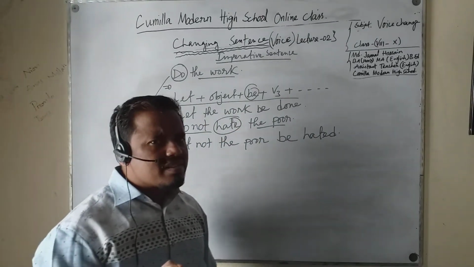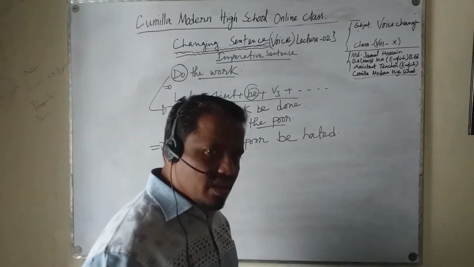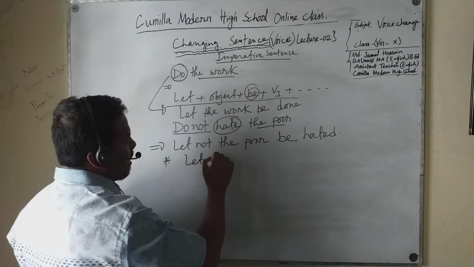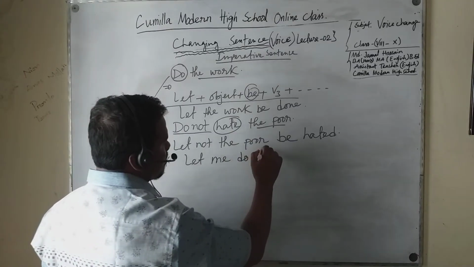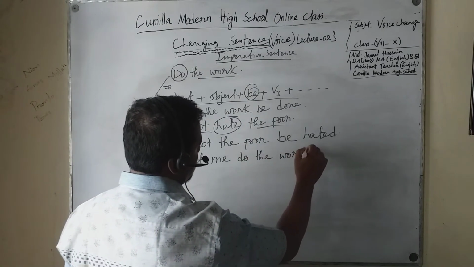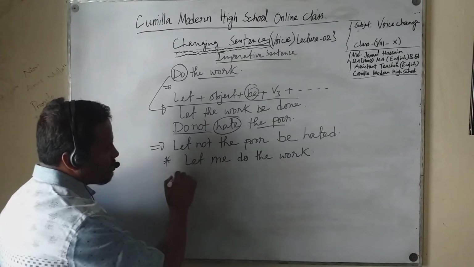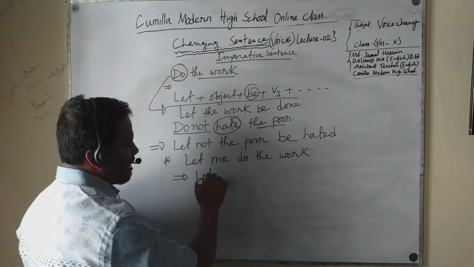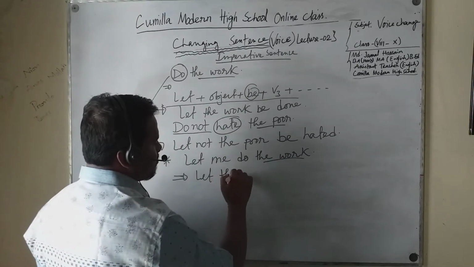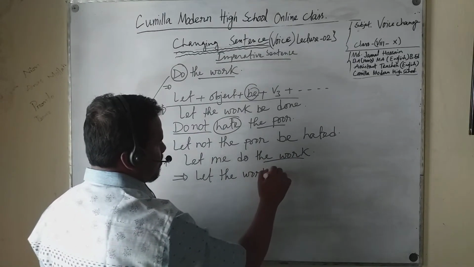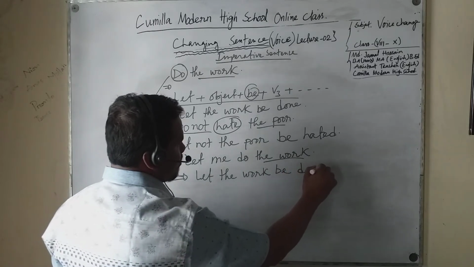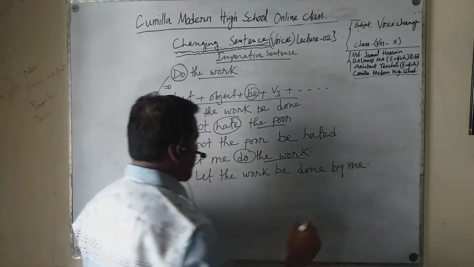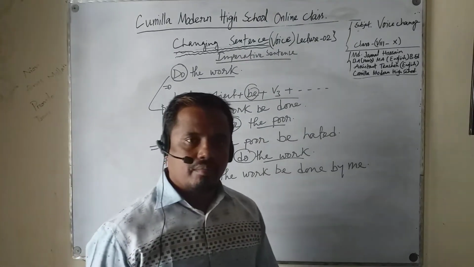Now if the sentence begins with let, for example, let me do the work, in that case you have to start the passive voice also with let. Let the work be done, do is the main verb here, by me. Let the work be done by me.